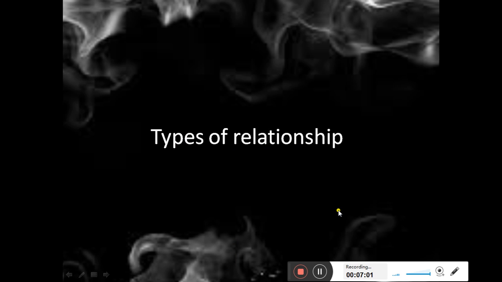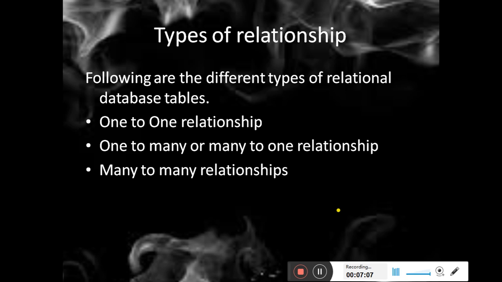Correct? Now we will see what the types of relationship are. There are three types of relationship. The first one is one-to-one relationship. The second one is one-to-many relationship, which is also called many-to-one relationship, and the third one is many-to-many relationship.